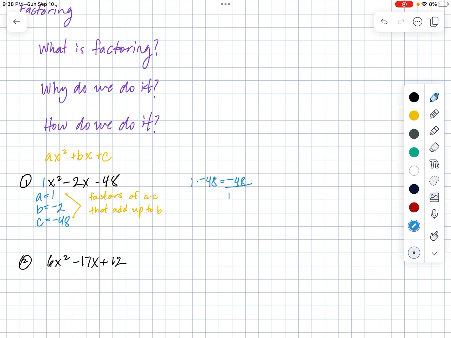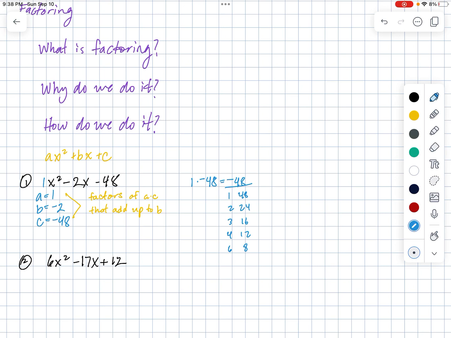We're going to write out the list of factors, 1 and 48, 2 and 24, 3 and 16. If you see as you're going, if you find a factored pair that adds up to B, you can stop there, but I'm going to keep going, 4 and 12, 6 and 8, and that's all of them. So notice that the 48 is negative.